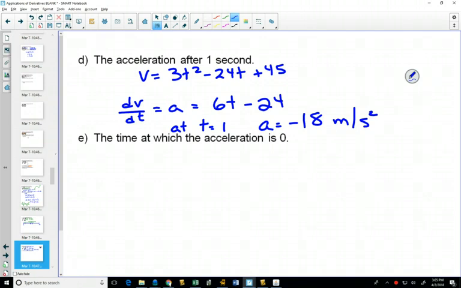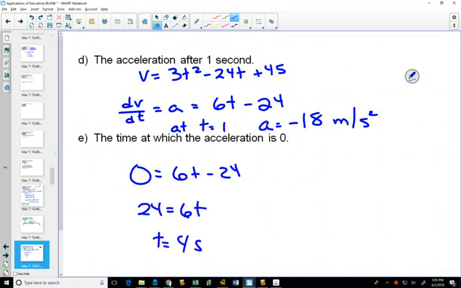The time at which the acceleration is 0, again, you could take your acceleration formula here, set it equal to 0. At 4 seconds, your acceleration will be 0.